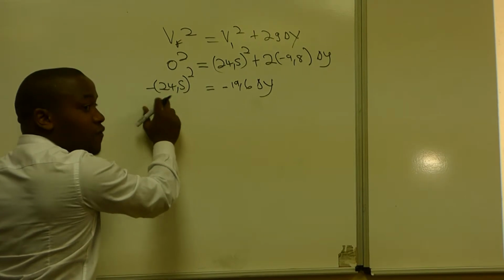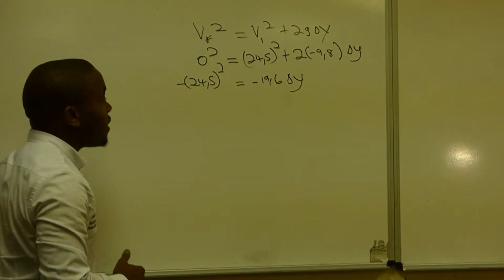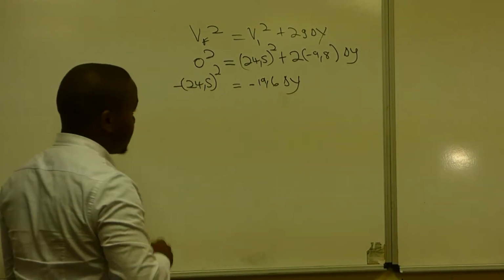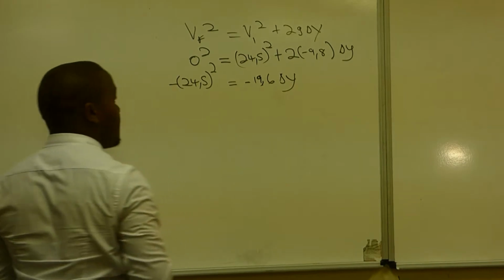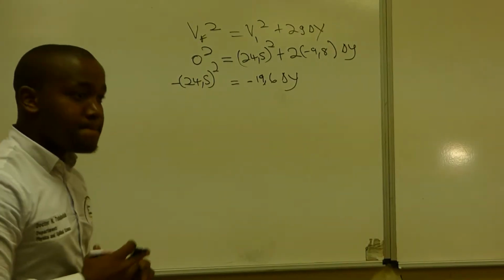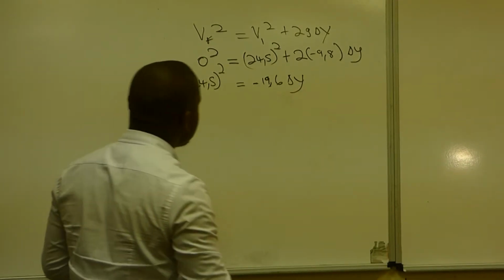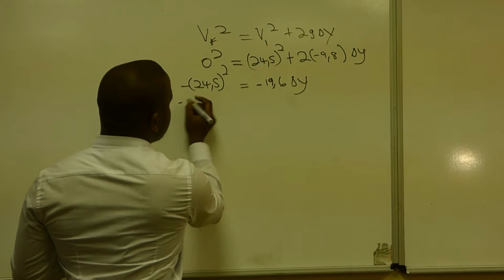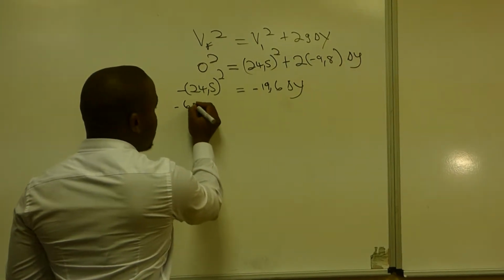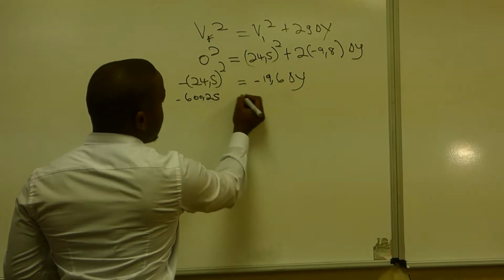Here we are going to have 24.5 squared, which is 600.25.